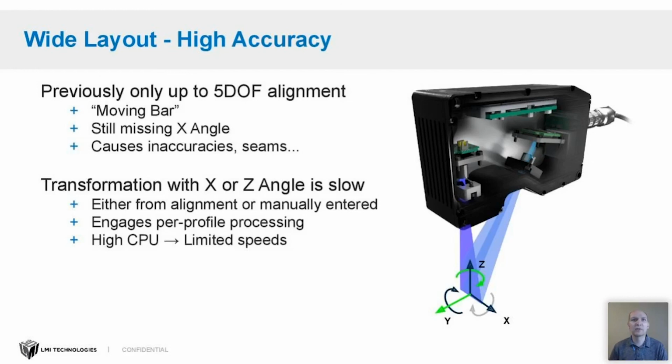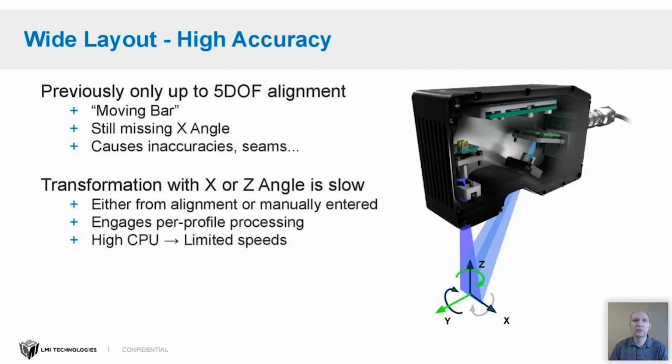Secondly, the transformation: if you do have an X or Z angle in your transformation, then the additional processing is significant as well. So we perform a slightly different transformation process.